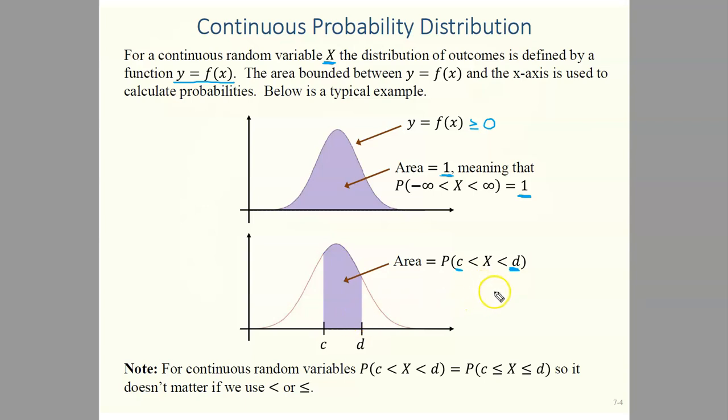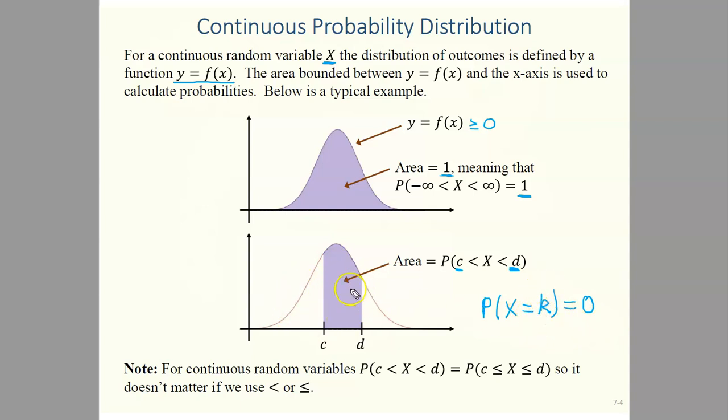Now it's also important to note, and this is talked about in the previous slide, that for continuous random variables now, the probability that x takes on exactly one value is always 0. So we no longer talk about the probability that x equals 5, for example, because that's always going to be 0, no matter what value we have here for k.